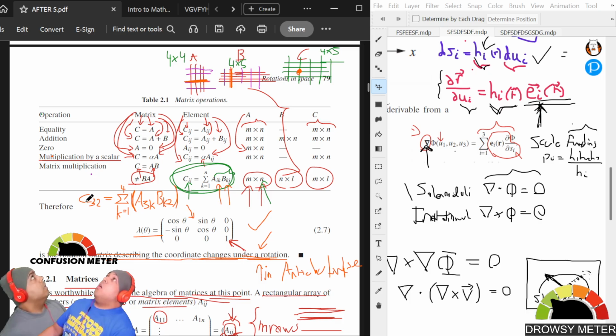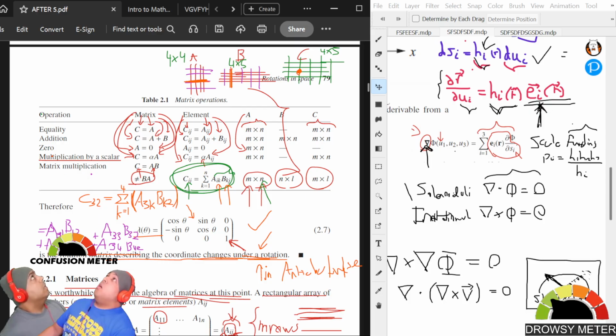We're summing up A31 B12 plus A32 B22 plus A33 B32 plus A34 B42.